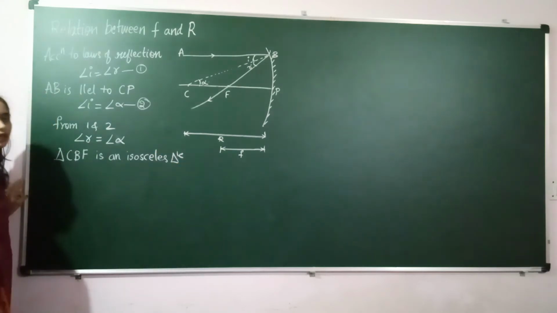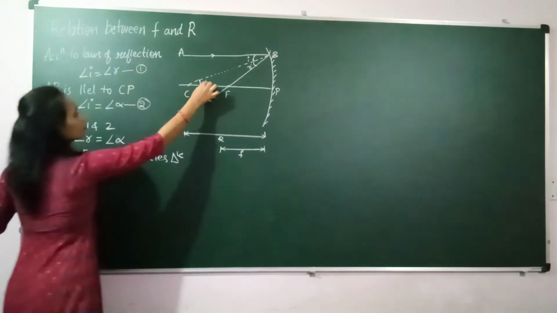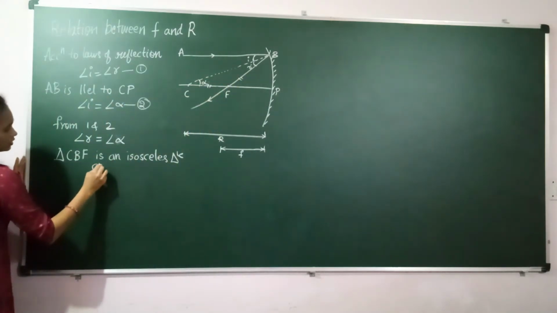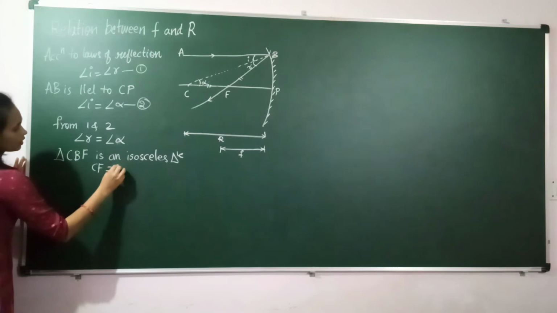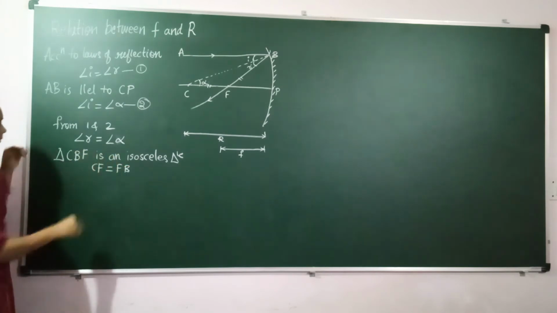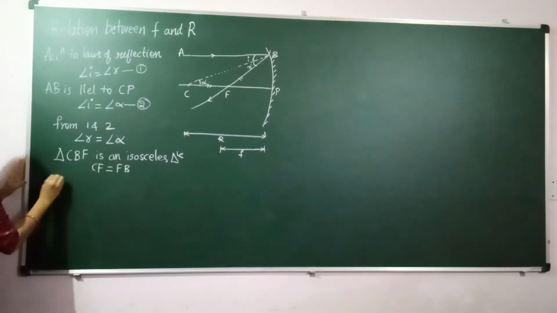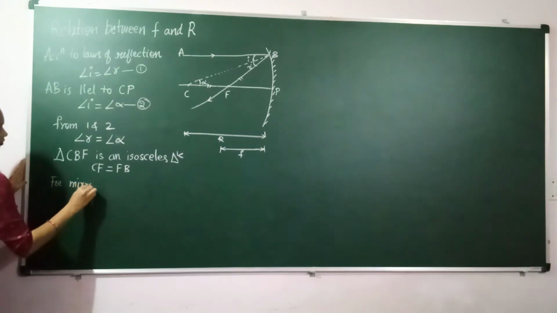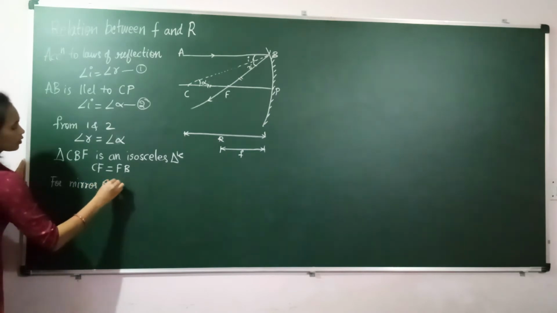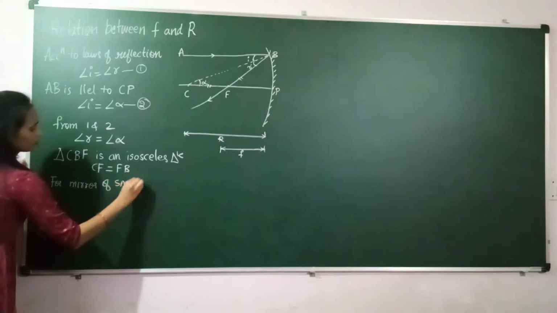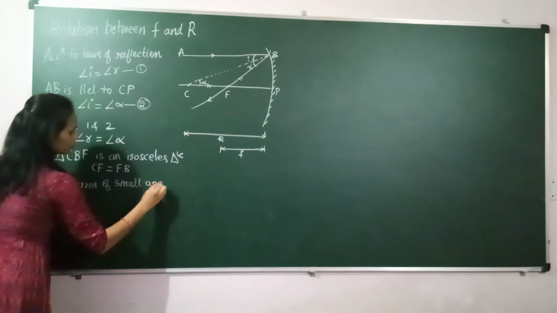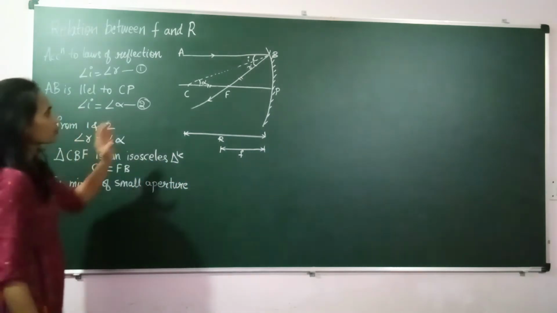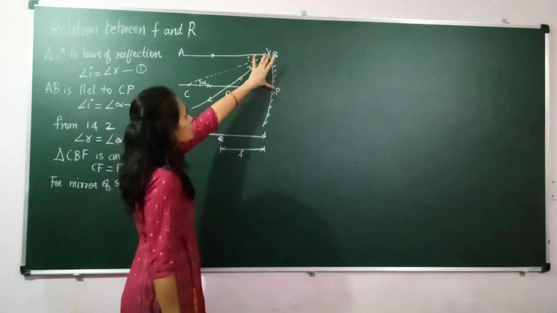In an isosceles triangle, two sides are always equal. So this side and this side are equal. So we will write CF is equal to FB. Next, for a mirror of small aperture, this BP becomes a straight line.